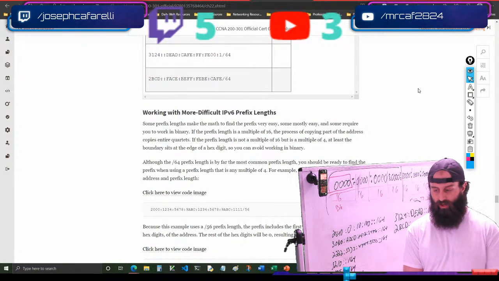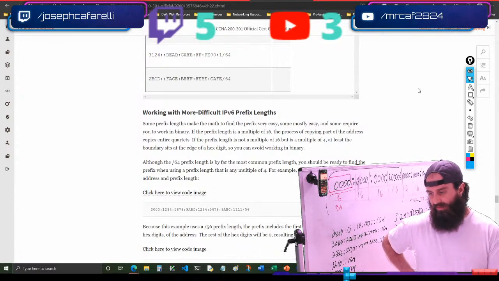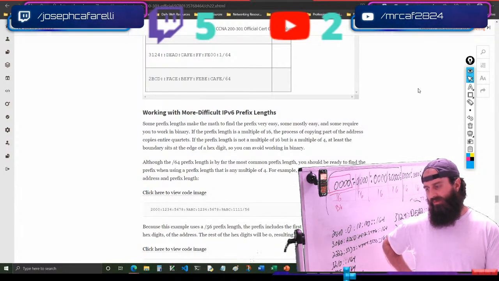All right, and then here we go. So working with more difficult IPv6 prefix lengths. Some prefix lengths make the max defined prefix very easy, some mostly easy, and some require you to work in binary. If the prefix length is a multiple of 16, the process of copying part of the address copies entire quartets.